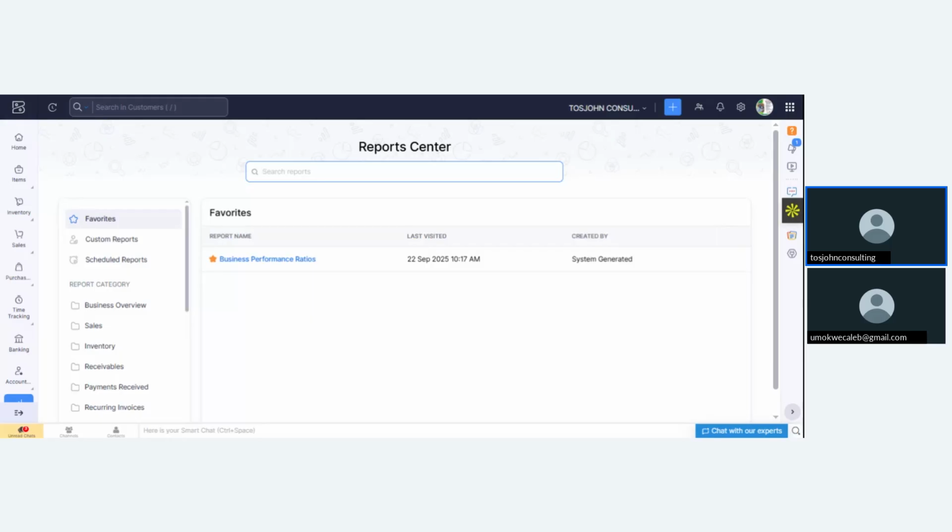You understand? That's why we are telling businesses to implement this accounting software. And it's good for you that you have been able to learn this accounting software from beginning to end, which is a good plus for you. Use it to help businesses that may need it. You understand?